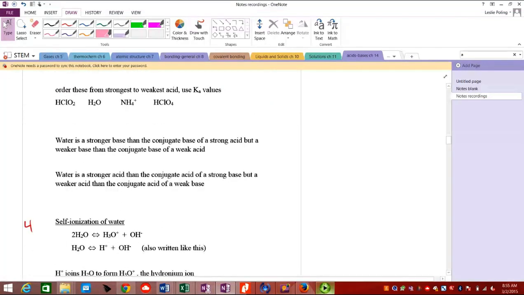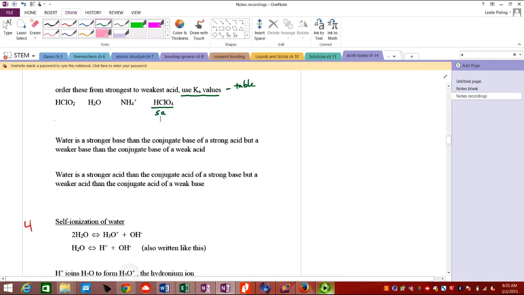Now, in order to order these from strongest to weak acids, we are going to need to use Ka values, which we're going to have to look up in a table. But one thing we know right away is that this is a strong acid. All of the rest are not.